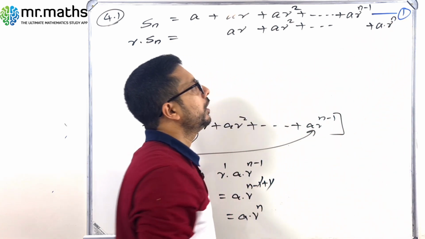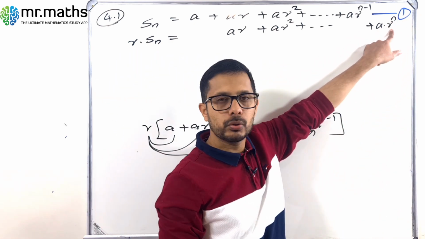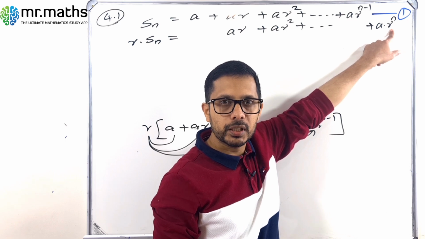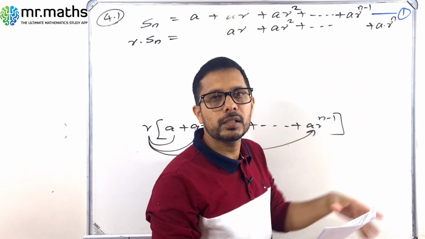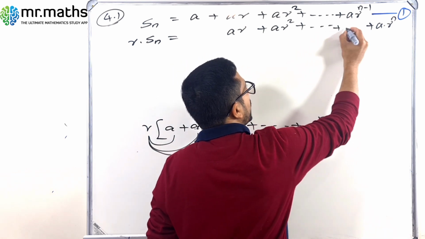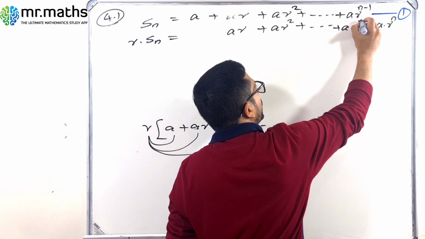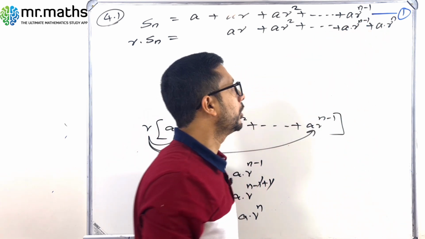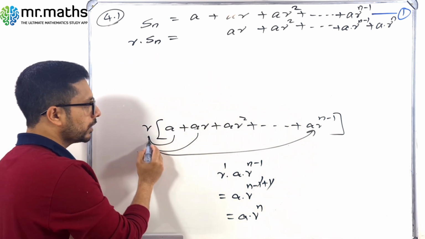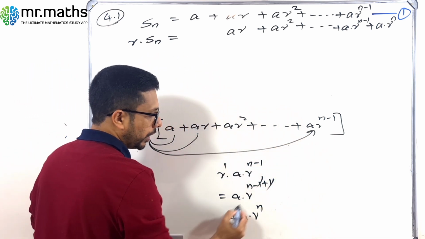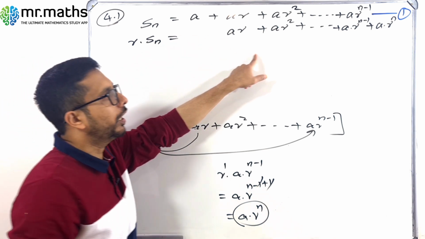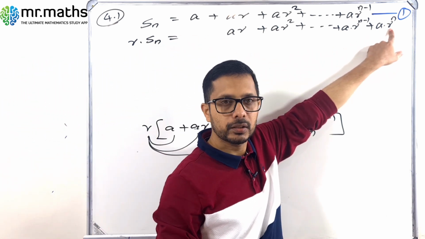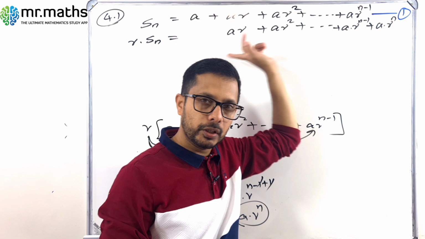Try to understand that when we multiply this r with this term, we get ar raised to n, the last term in this second line.